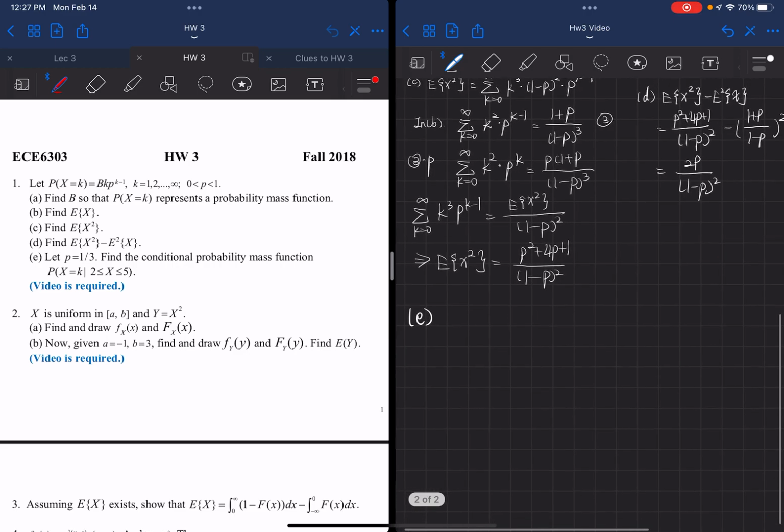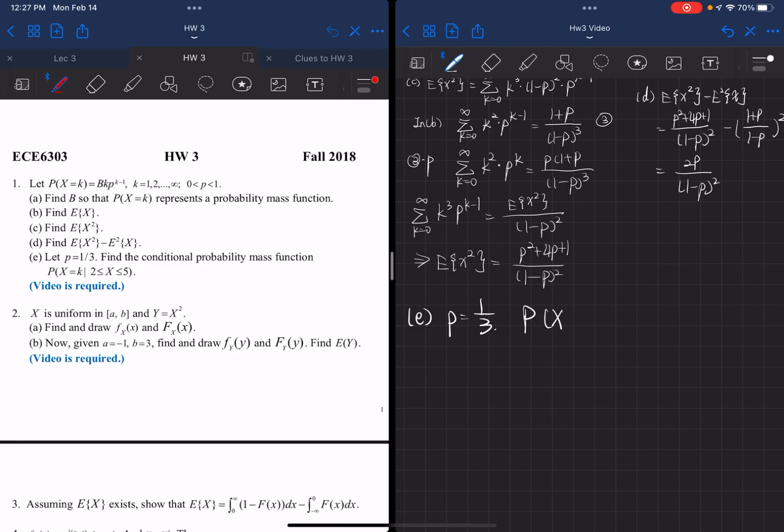With p equals 1 divided by 3, we can write the probability mass function by plugging in the value of p, and we get this value. It is 4 divided by 3 times k times 1 divided by 3 to the power of k, and this is the probability mass function.